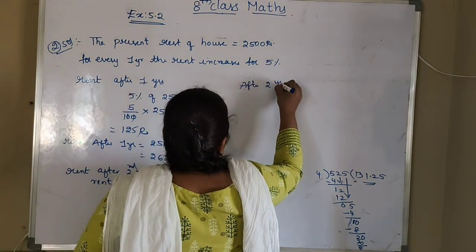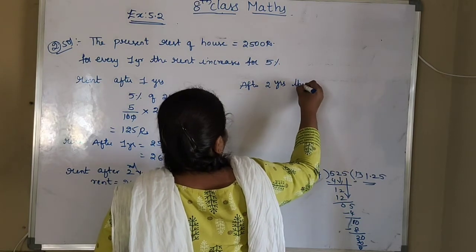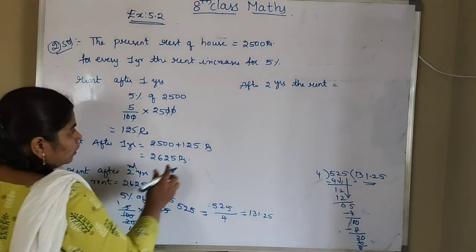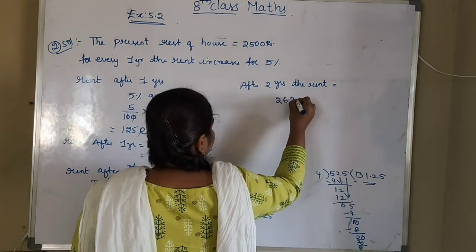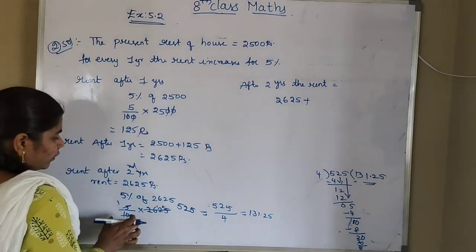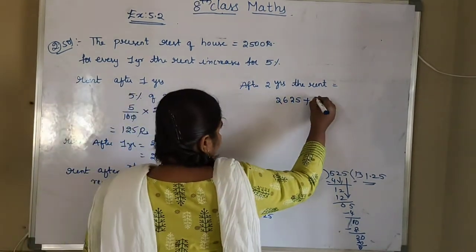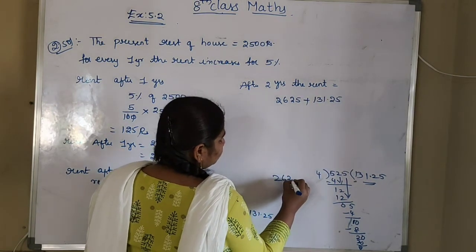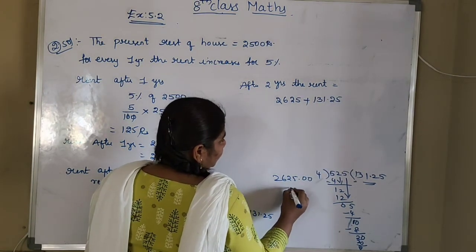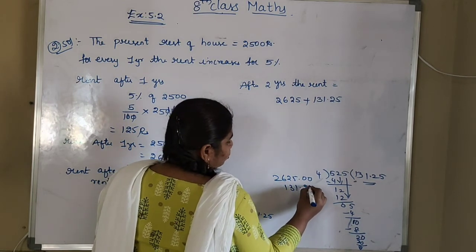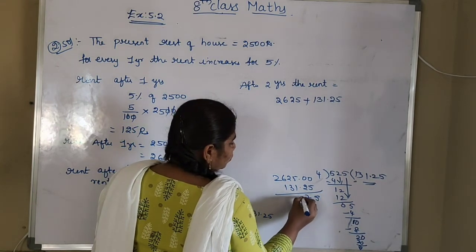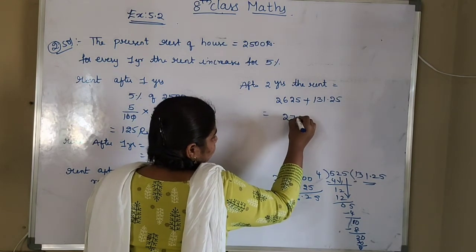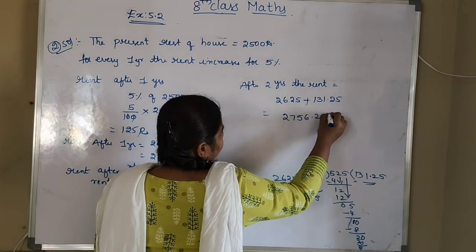After 2 years, the rent is equal to 2625 plus 131.25. Do the addition here. That will be 2756.25 rupees.